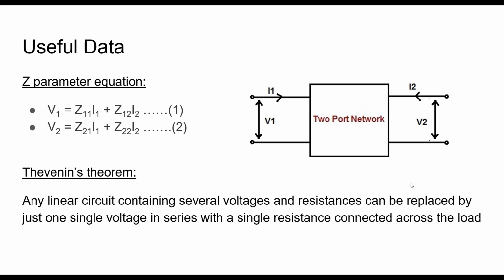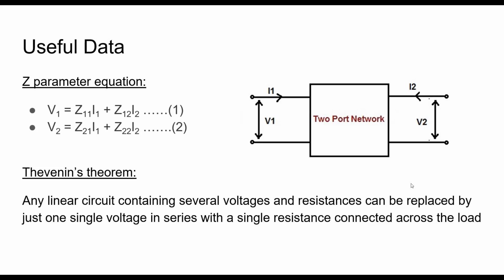Connecting these two ports, we have a set of impedance parameter equations, which is V1 equal to Z11I1 plus Z12I2. Here, Z11 and Z12 are the impedances. Z11 is the input impedance of the two-port network. Z12 is the transfer impedance of the two-port network.